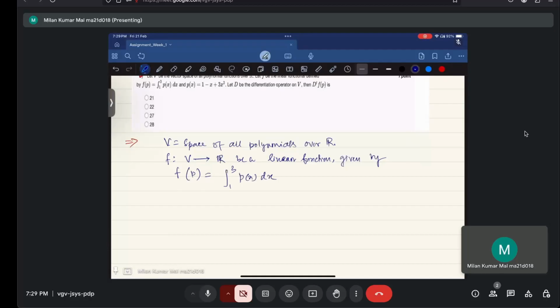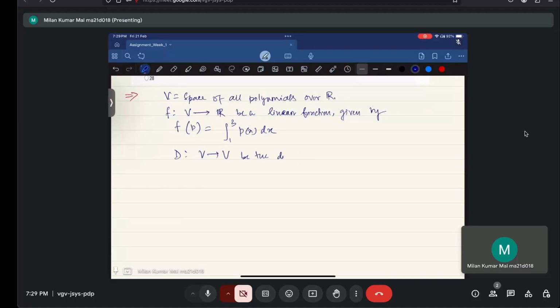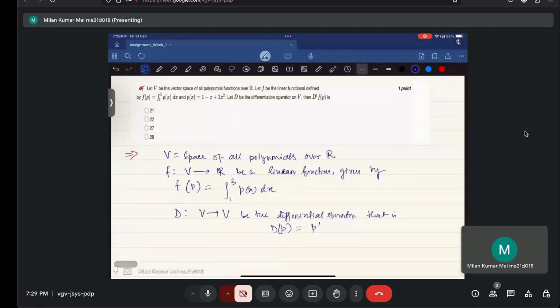Okay, let D be the differential operator. Let D from V to V be the differential operator, that is D of any polynomial p is equal to p dash. Okay, so now the question is, what is D transpose f? So this is what is asked.